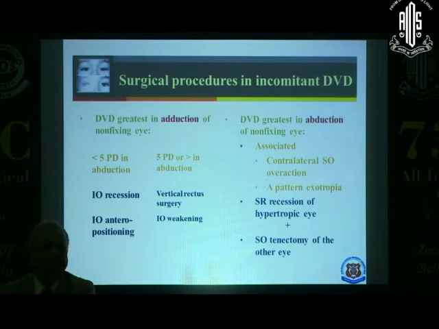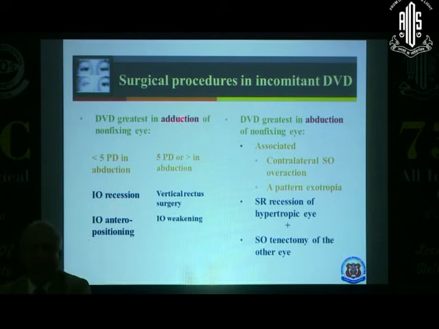Now, if there is a nonconcomitant DVD, that means there is a DVD which is either maximum in adduction or more in abduction, then we have to decide according to the presentation. If it is more in adduction, and in abduction it is less than 5 PD, then our primary choice is the inferior oblique.